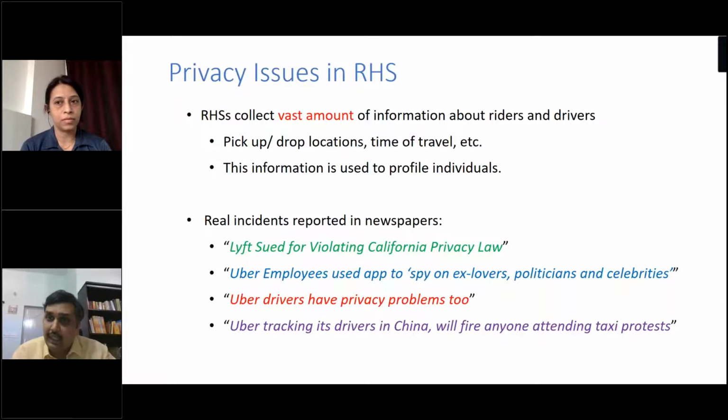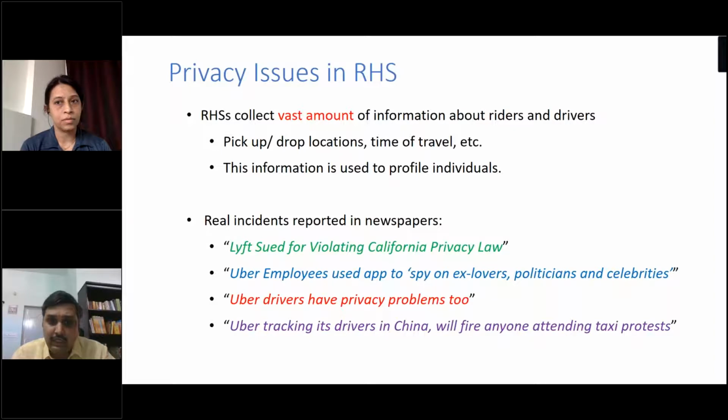In fact, real incidents have been reported in newspapers, where Lyft, for instance, was sued for violating California privacy law. Uber employees used the app to spy on their ex-lovers or politicians, celebrities, and so on. And it's not just the riders, even drivers had some trouble. Uber was in news.